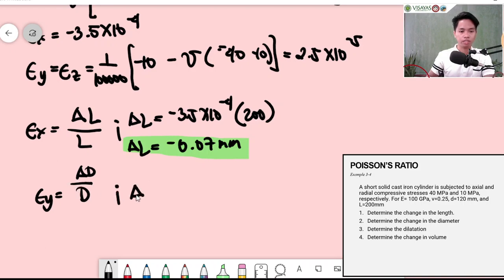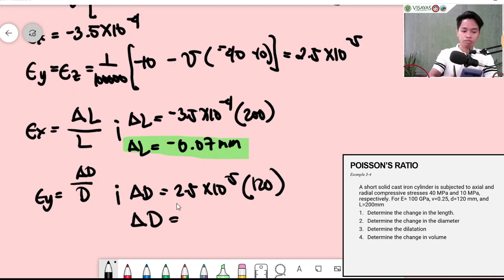So, therefore, your change in diameter is equal to positive 2.5 times 10 to the negative 5 multiplied by the original diameter, which is 120.